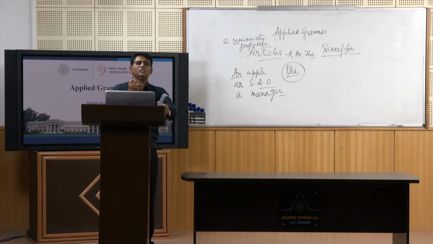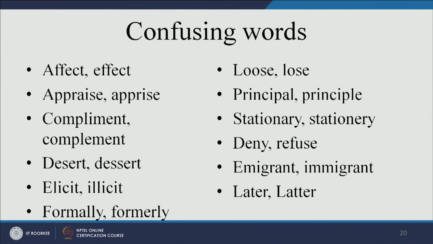No, I tried to elicit his response, but I later came to know that they were having a sort of illicit, I-double-L-I, illicit relationship. So this is how, every now and then, if you can continue trying, and if you can continue hammering yourself with grammar, hammer yourself with grammar in order to be correct.